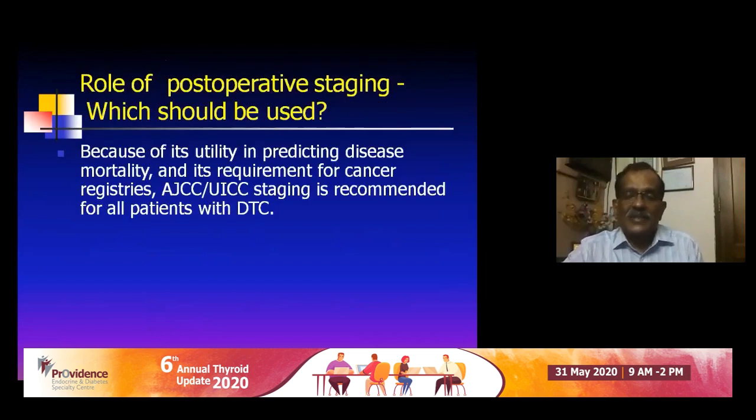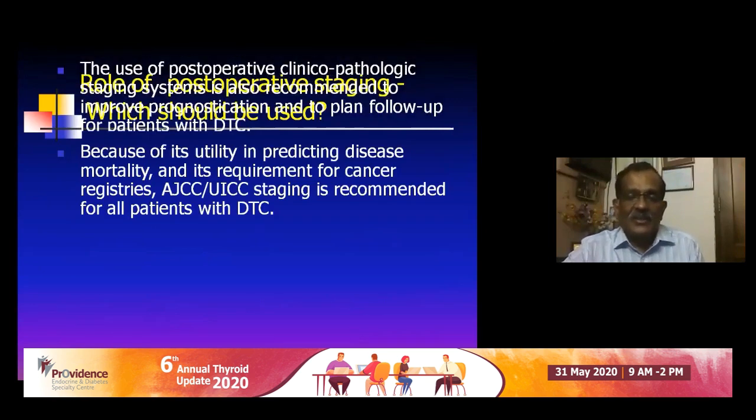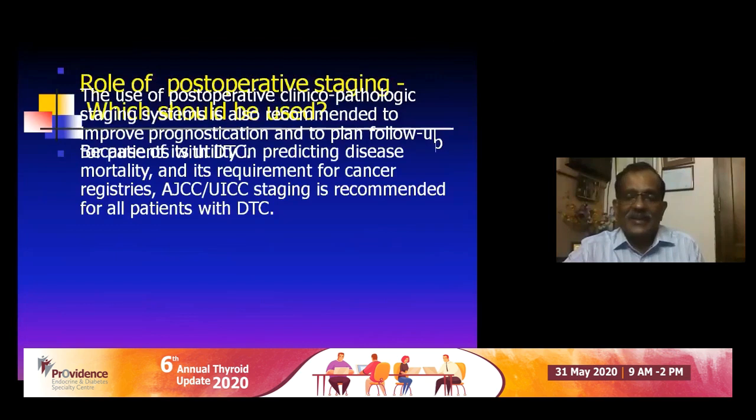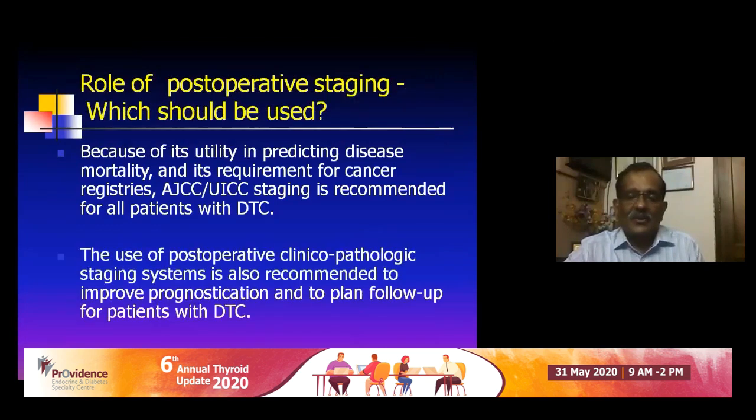Because of its utility in predicting disease mortality, and its requirement for cancer registries, AJCC and UICC staging is recommended for all patients with differentiated thyroid cancer. The use of a postoperative clinicopathological staging system is also recommended to improve prognostication and to follow patients with differentiated thyroid cancer.